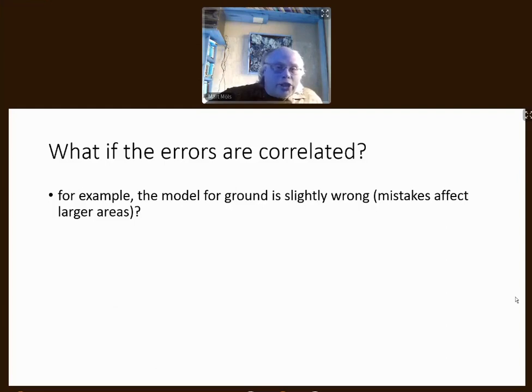These prediction errors in those smaller areas start to be correlated, start to behave similarly, and in those cases this simple formula which allowed us to scale according to the sample size won't work in this context anymore.